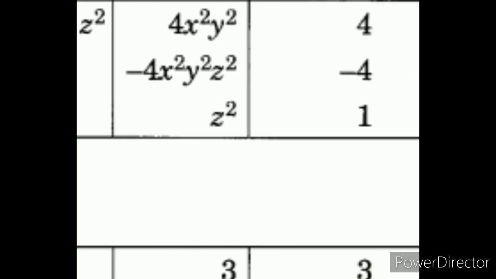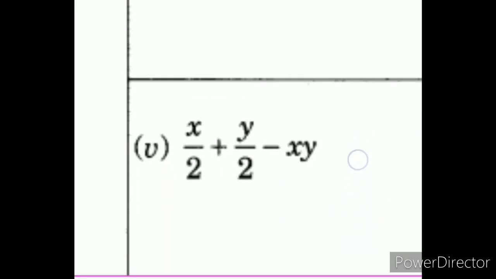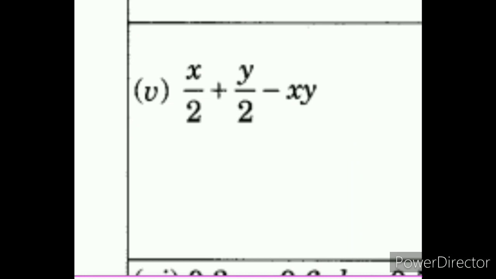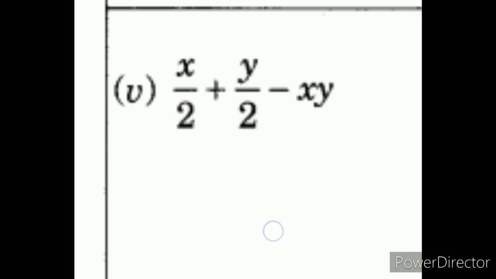In the fourth expression, write the terms and their coefficients. 3. In the second term, minus 1. Third term, 1. Fourth term, minus 1. Okay, yes. Fifth one, here the terms are in fraction form: x by 2 plus y by 2 minus xy. It is also a trinomial.